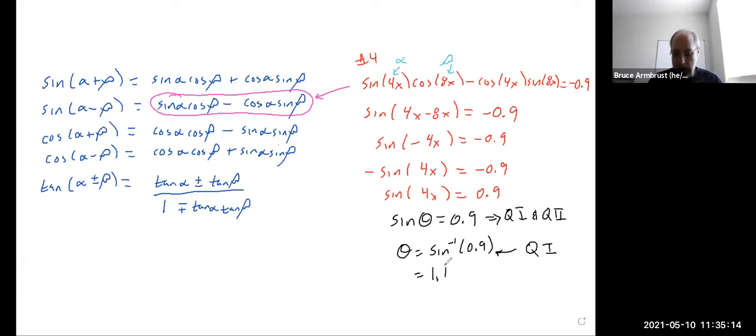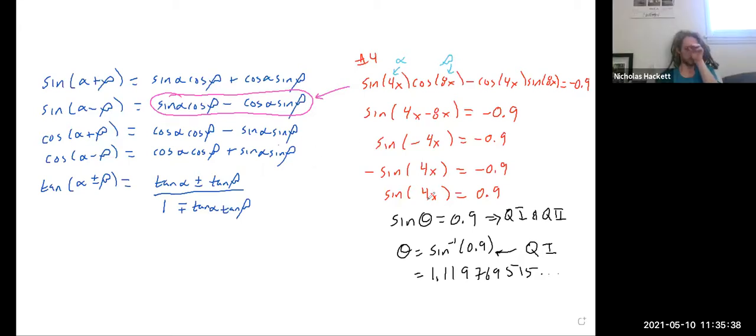So this is 1.119769515, and so on. All right, but again, that's not my answer. That's not the number I'm going to put into the box. Why not? Do I have to find X? Yeah, we need to find X. Remember we did the substitution.